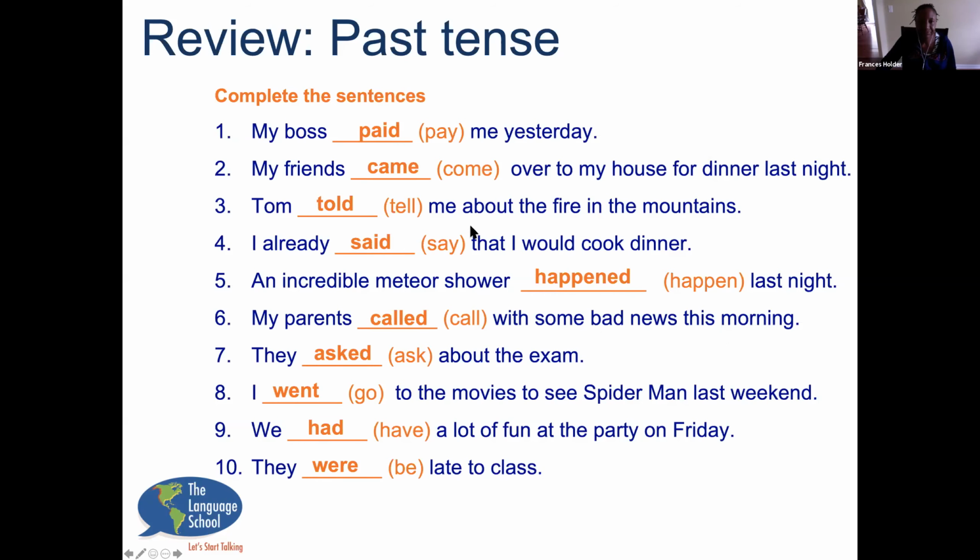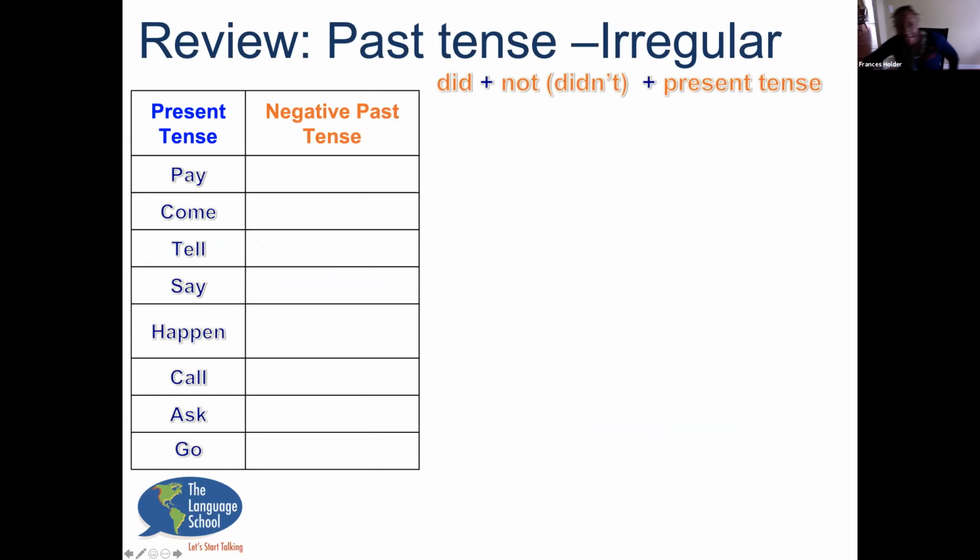Cool. Okay. All right. Let's put these same verbs in the negative past tense. So we're gonna say did not, which is the same as didn't, plus the present tense form of the verb. So what is the negative past tense of pay?